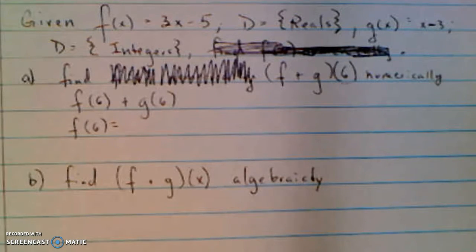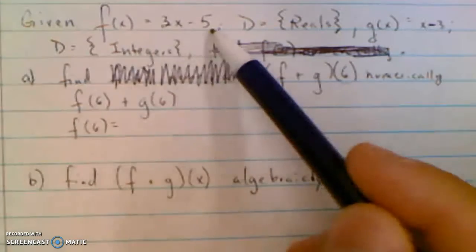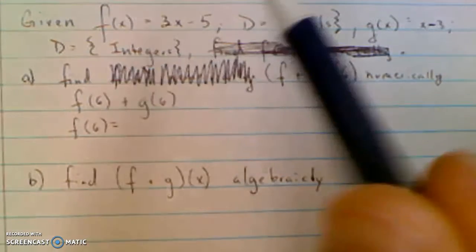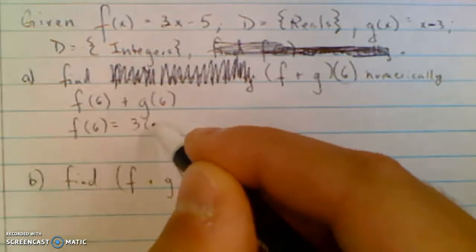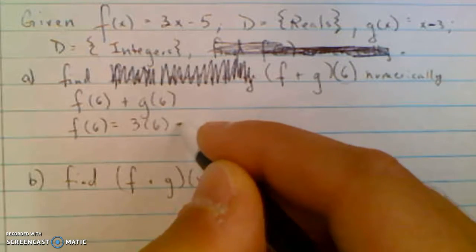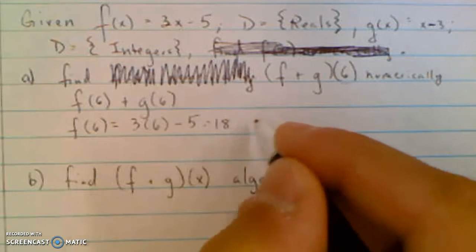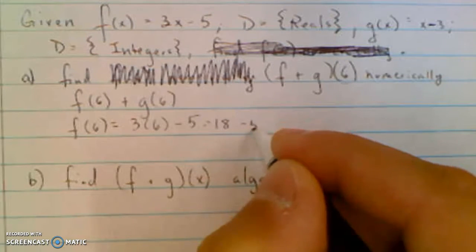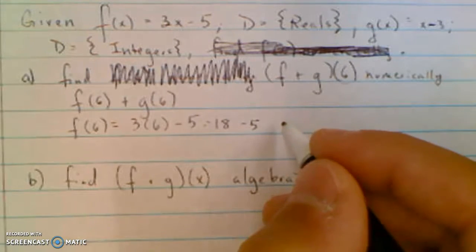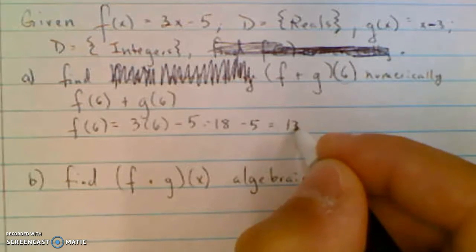What do we do with 6 to find f of 6? Plug it in. 3 times 6 minus 5, which is 18 minus 5, which is 13.